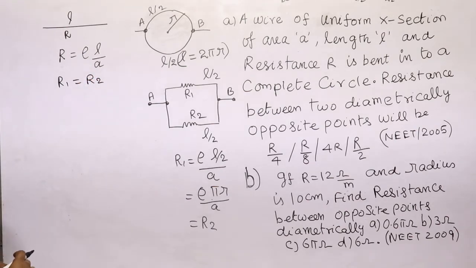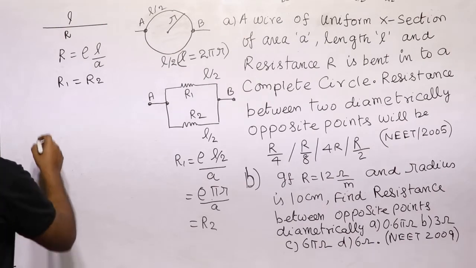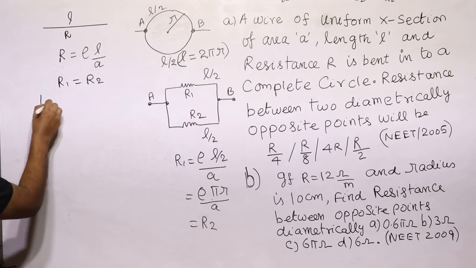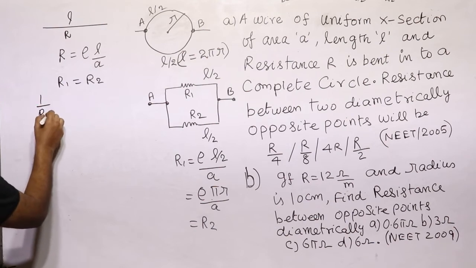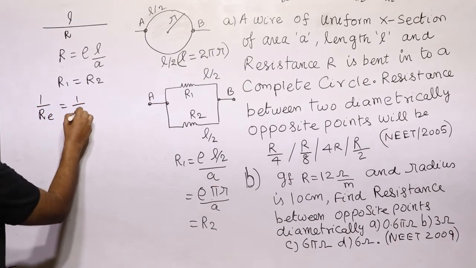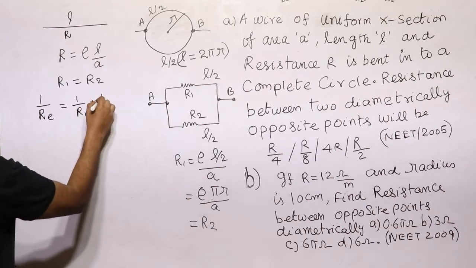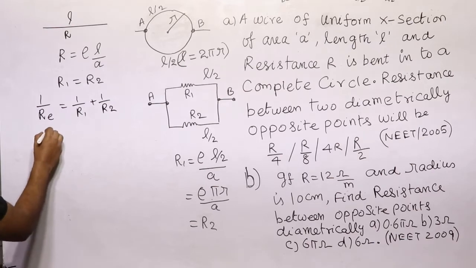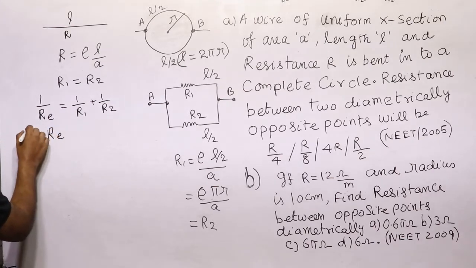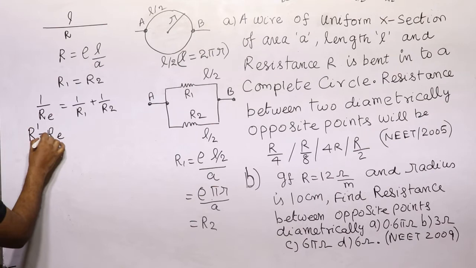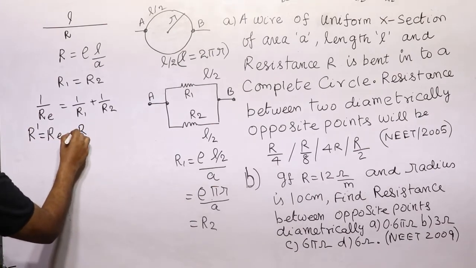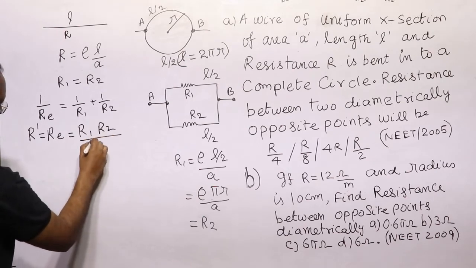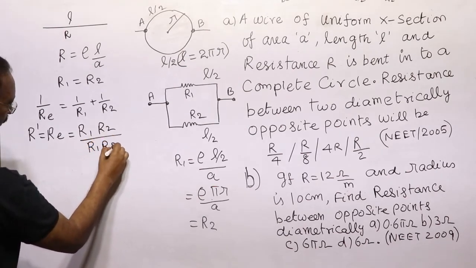Now this has become a parallel combination. For parallel, 1 by R equivalent is equal to 1 by R1 plus 1 by R2, so R dash is equal to R1 into R2 divided by R1 plus R2.